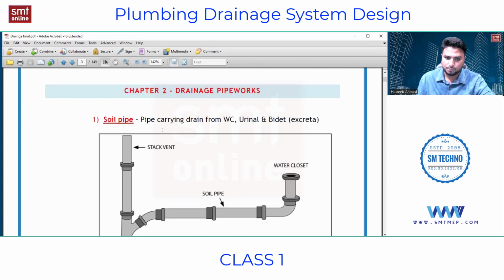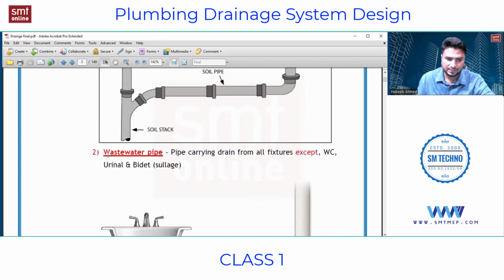Remember this. Now pipe 2, the wastewater pipe. What do you mean by wastewater pipe? Wastewater is also known as clear water, that means it does not contain human excreta or human waste.